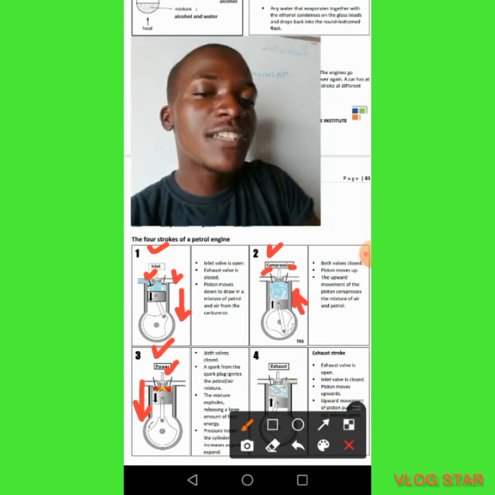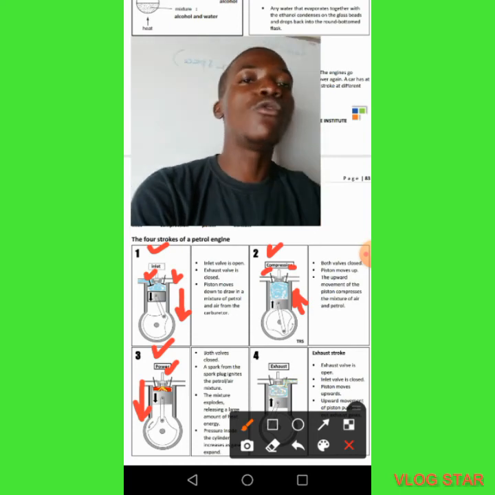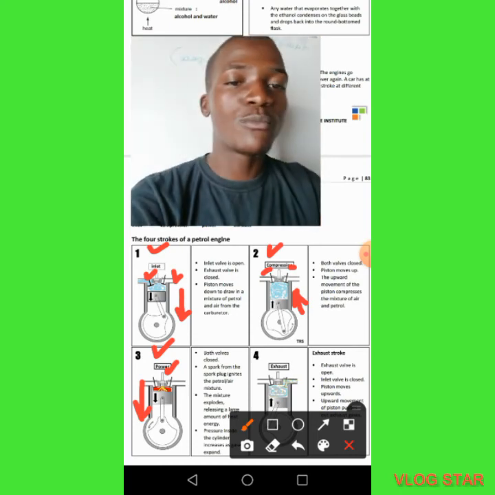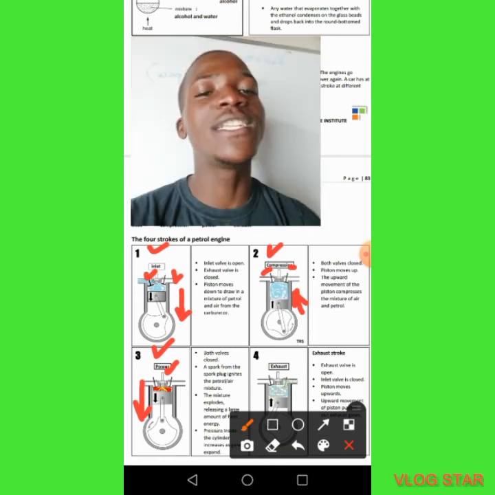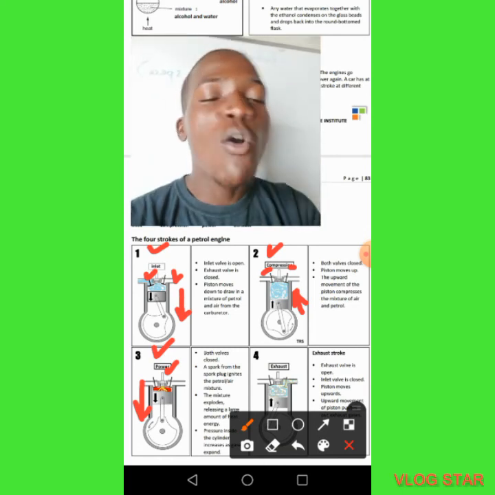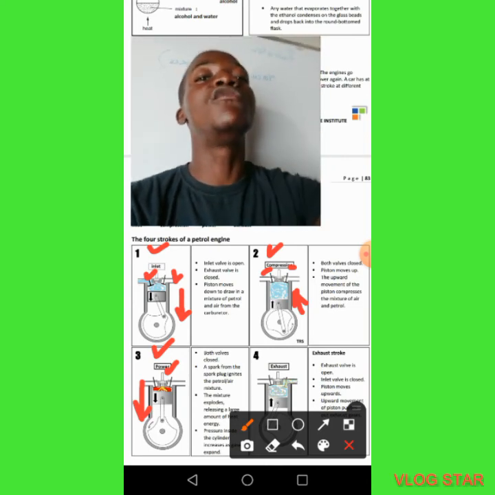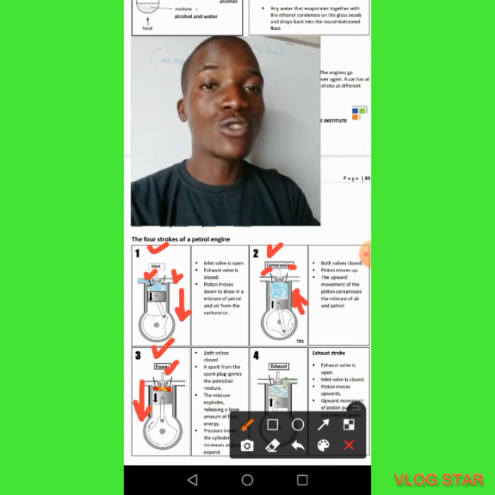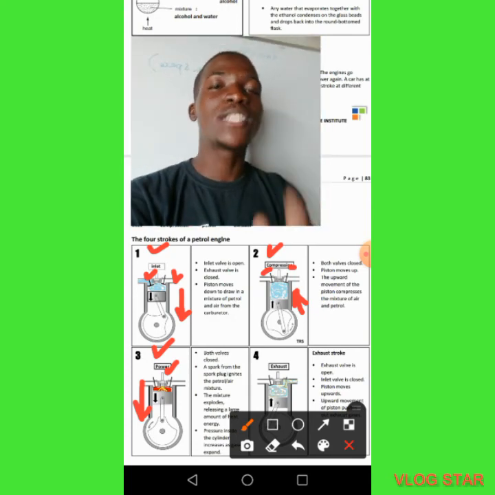The exhaust valve is open to allow gases to move out of the cylinder, and the piston is moving upwards to push the gases out through the exhaust valve. This is the 4-stroke petrol engine.